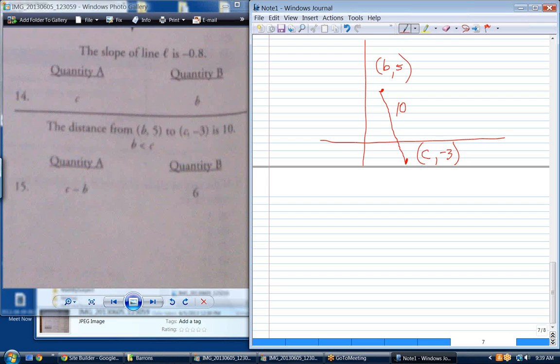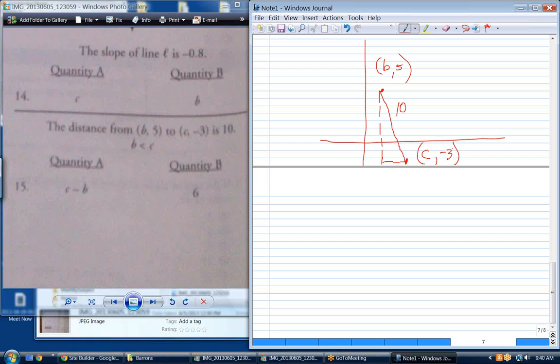So the question becomes, let's complete that triangle, which is frequently what you do in coordinate geometry. What is the vertical dimension on that triangle? Well, it's the distance from 5 to minus 3.